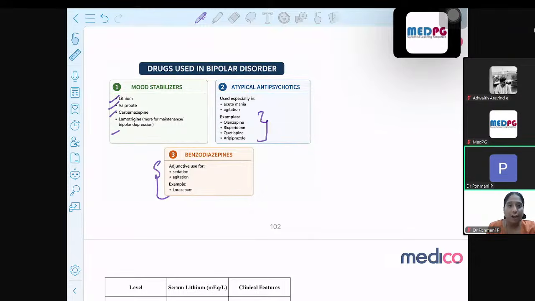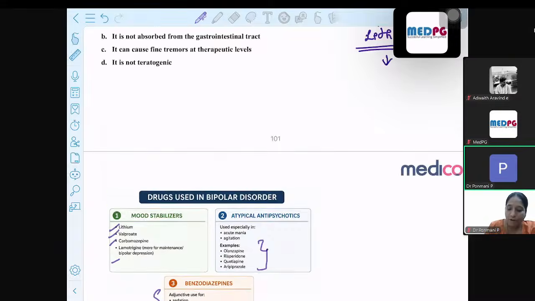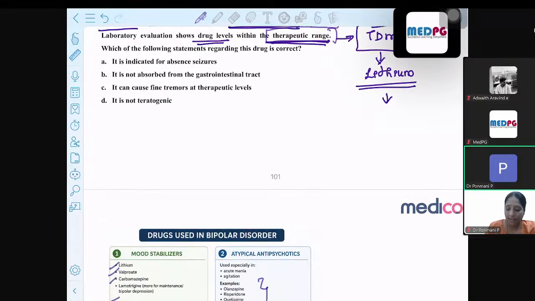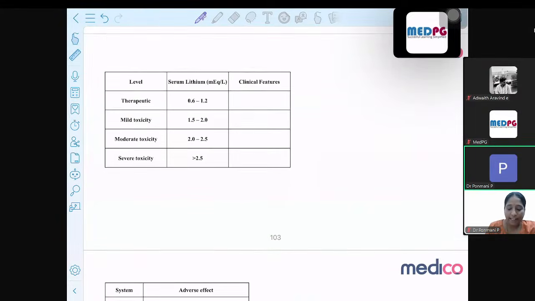So since they have mentioned the term therapeutic range and mild neurological symptoms, what should strike our mind? The drug lithium should strike our mind. Why? Because the normal therapeutic level of lithium in the body is 0.6 to 1.2. Even when the lithium levels are normal in the blood, it can cause mild tremors.